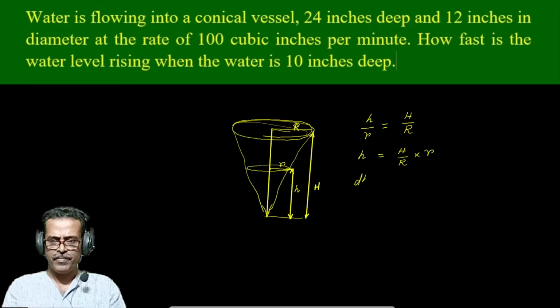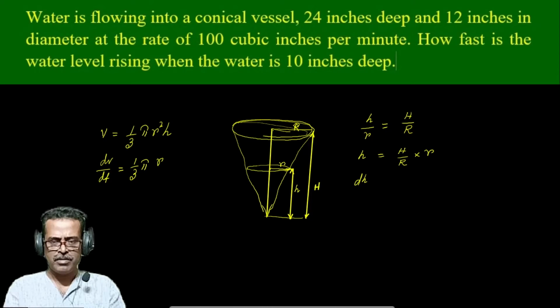Volume V is equal to 1/3 pi r square into h. dV/dt, that is constant, is equal to 1/3 pi. We can put this in place of h.